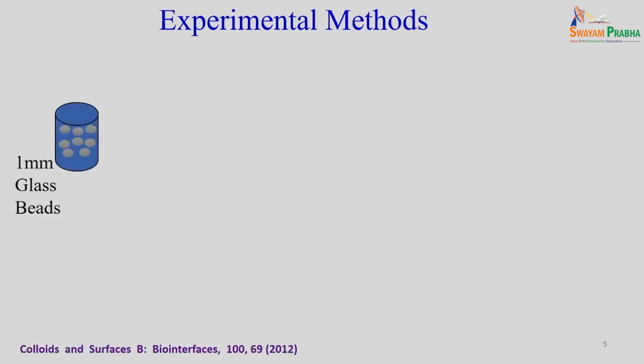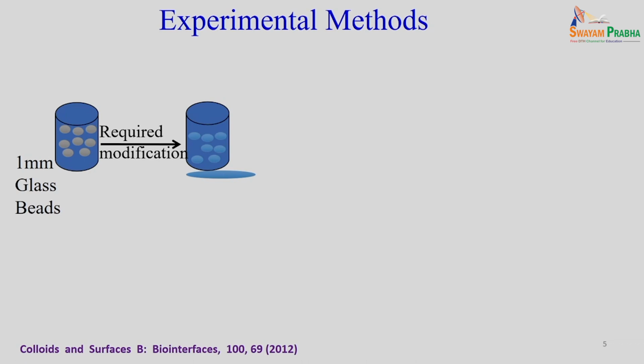So, we will discuss how we chose the different surfaces. This work has been published in Colloids and Surfaces B. We took some glass beads of 1 mm size and their surface was modified to change its wettability or hydrophobicity.